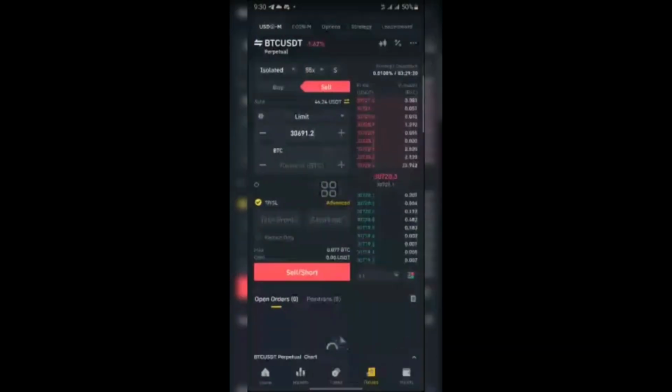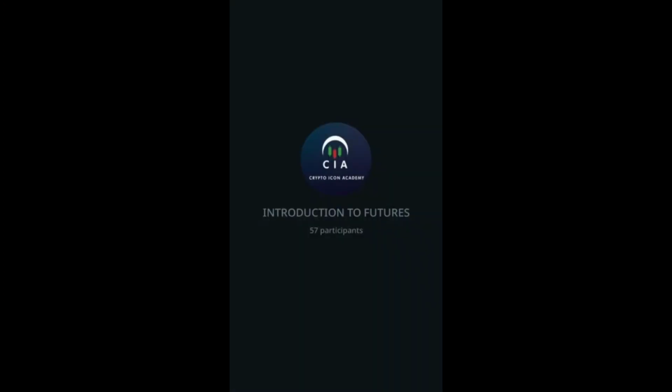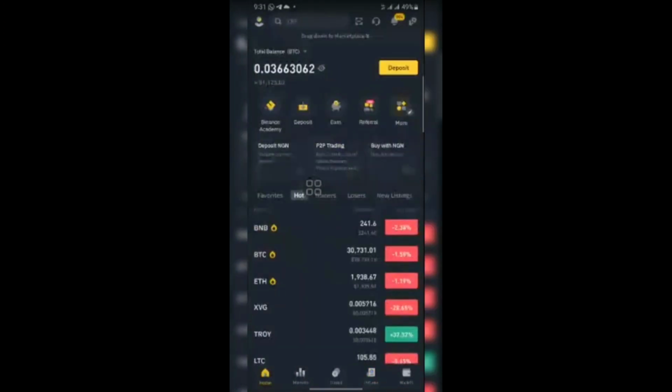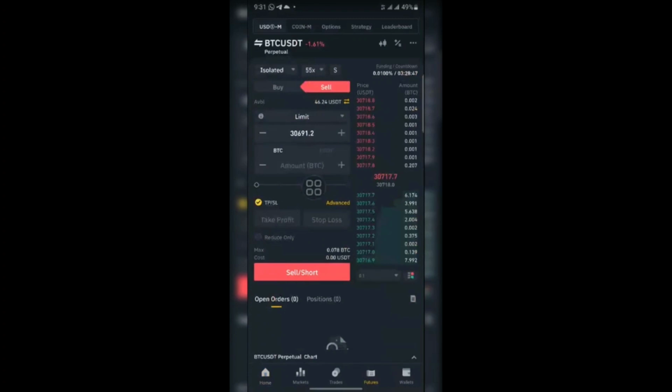So for newbies, if you are trading a new coin, it will always be in cross. So the first thing you do when you enter this place: pick what you want to trade here.